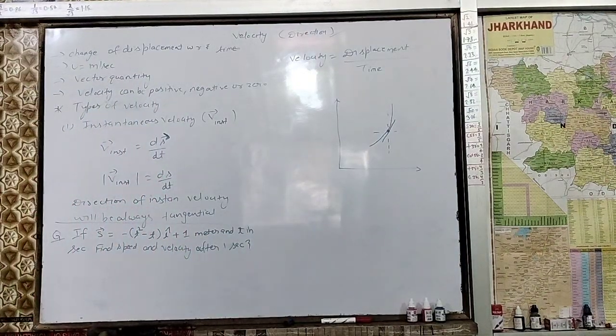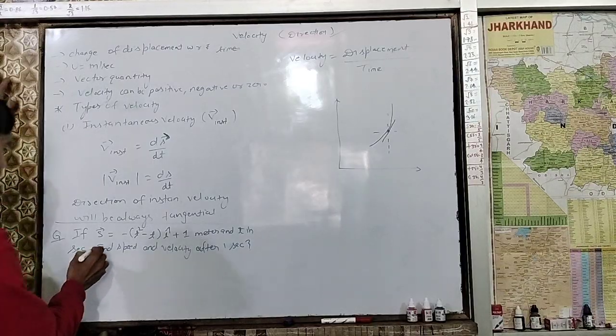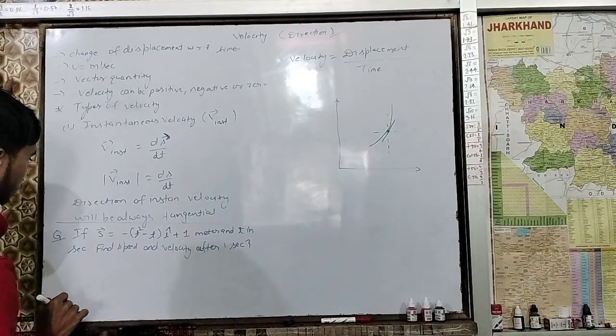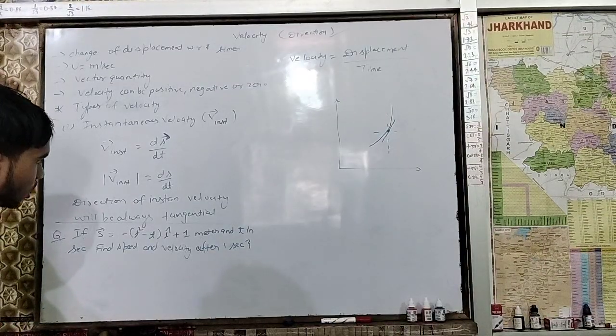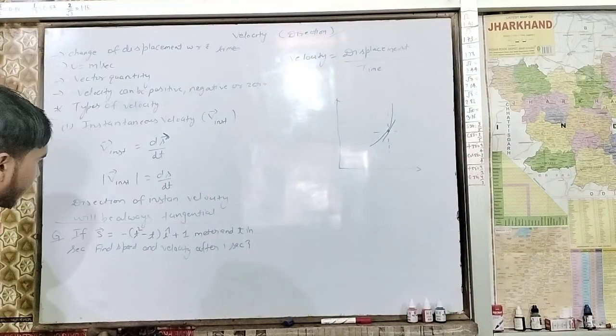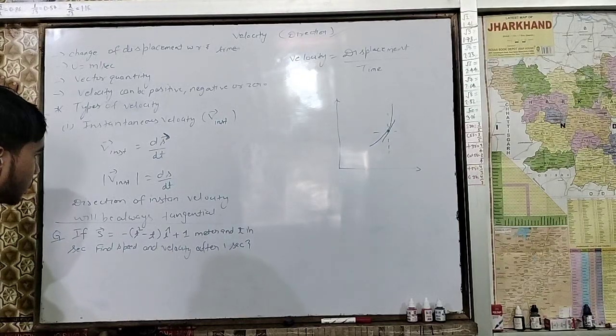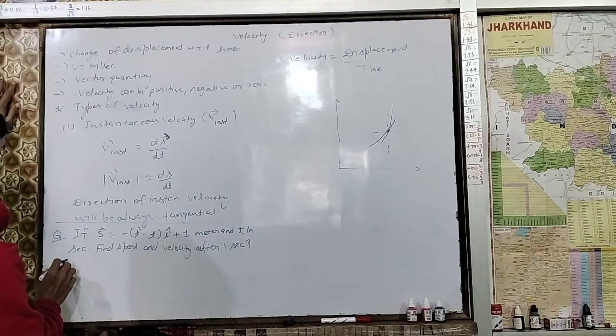Try to understand this statement. What is it asking? Our question is, if a displacement is given in this equation in meters and time is in seconds, find the speed and velocity after 1 second.